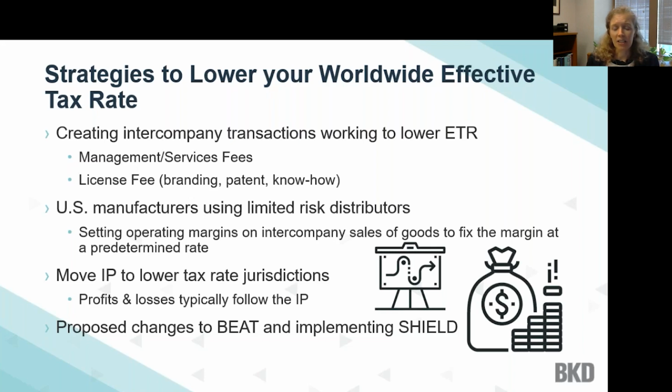There's some detail about changing BEAT, but almost no detail on how SHIELD would be implemented. Some people want to replace BEAT with SHIELD. Would it then only apply to companies over $500 million, or does it apply to everyone?